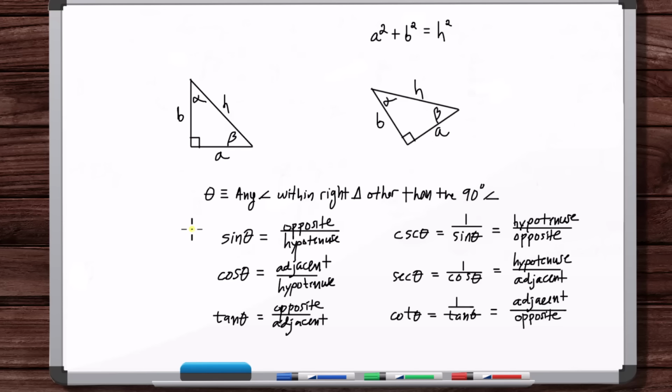Okay, now these relations here are just something you're going to have to memorize, and a useful mnemonic is SOHCAHTOA. The sine is opposite over hypotenuse, the cosine is adjacent over hypotenuse, and the tangent is opposite over adjacent.